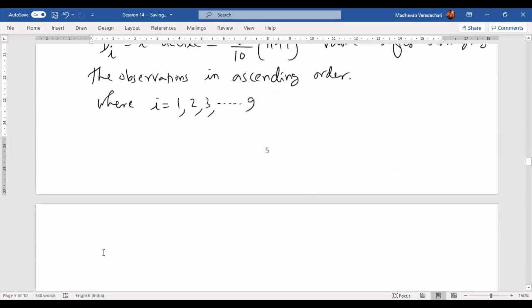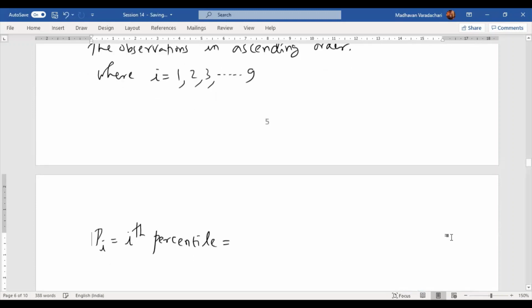Now next one is percentile. So I can say Pi is the ith percentile. How do we calculate the ith percentile?